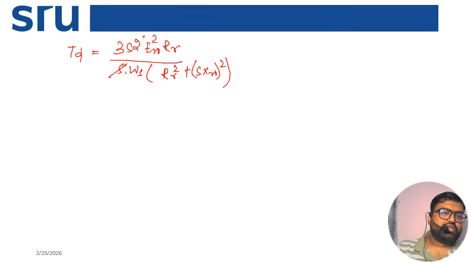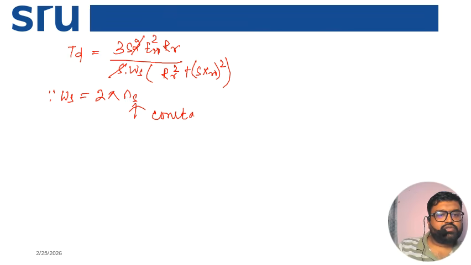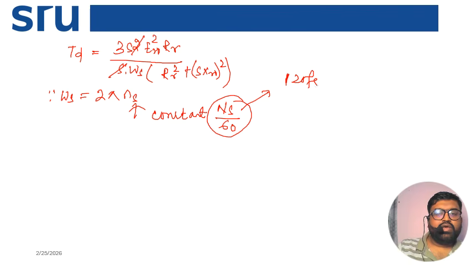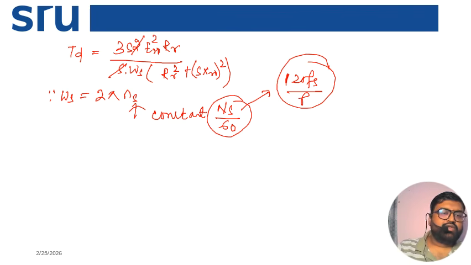Now you see this S is cancelled, but 3 is a constant, omega S is also a constant, because you can say omega S is nothing but 2 pi ns, and ns is a constant. Okay, that ns is nothing but capital Ns by 60. And what is the capital Ns formula? Capital Ns formula is equal to 120 Fs by P. And based upon this it is also constant, and omega S is a constant.